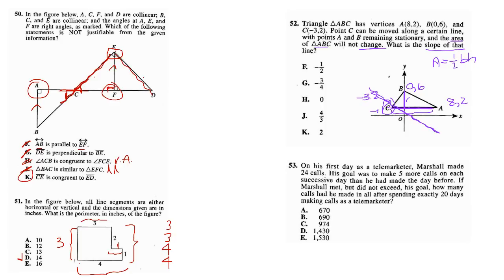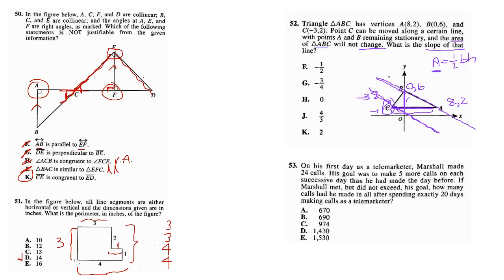If I extend a line through there and I extend this line here, I know A and B are staying stationary, but if I move C along this line here, as long as those are parallel, the values of the height and the base, or the area, is not going to change. And that's going to be because the distances between B and C and A are not going to change the area.